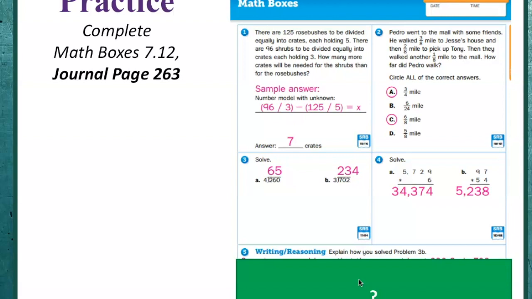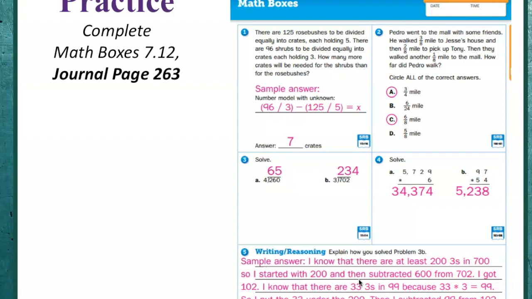So hopefully you talked about partial quotients and talked about how you made your line and tried to get close to 702 each time. Maybe you multiplied 3 times 200, and that left you with 600, and you would subtract that from 702. So go ahead and read that explanation and see how close it was to yours.